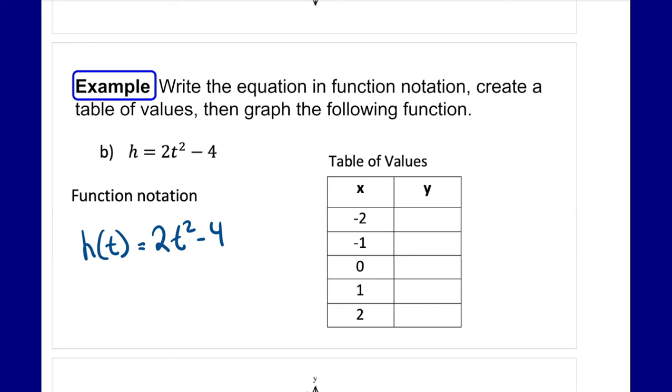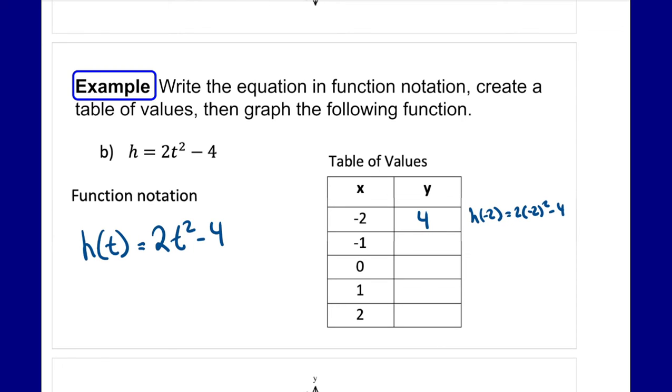For the table of values, we can do the same thing. h at negative 2 means 2 times negative 2 squared minus 4. We can go through and calculate that and get a value of 4.